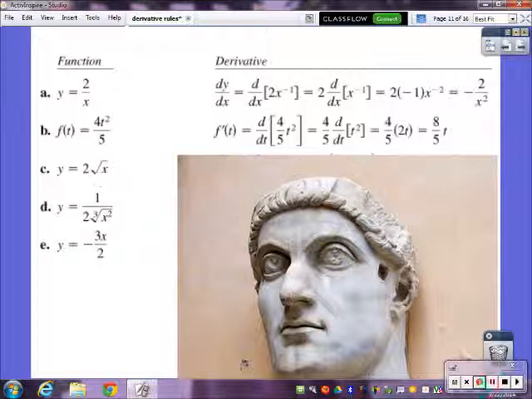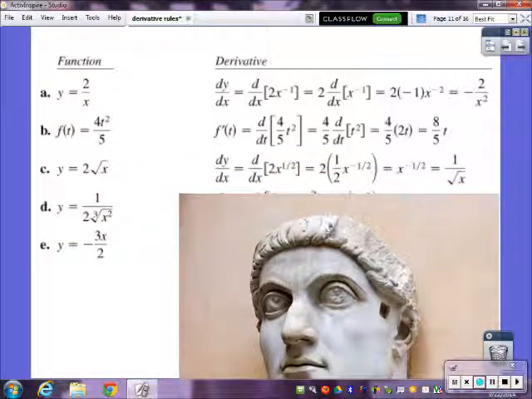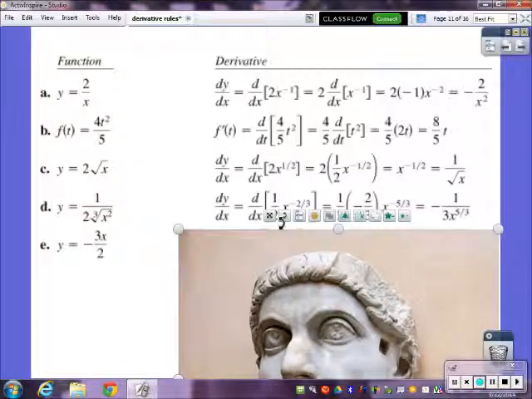Square root of x would be x to the 1/2. Multiply by 1/2, subtract 1 from the exponent, and you get x to the negative 1/2, which would then move to the denominator. This one looks very involved, but if you realize that the cube root of x squared is just x to the 2/3, and this 1/2 is a constant, you could change it to 1/2 x to the negative 2/3.